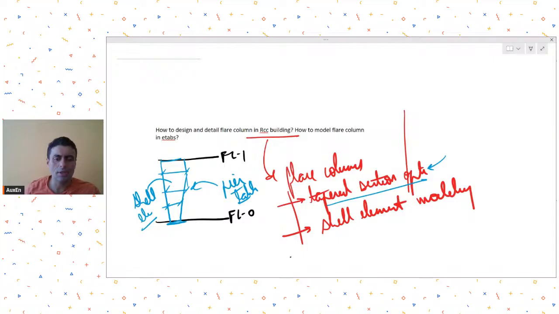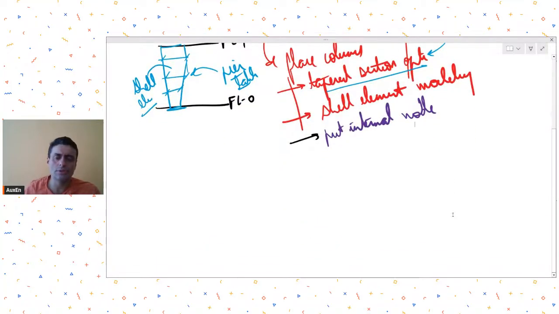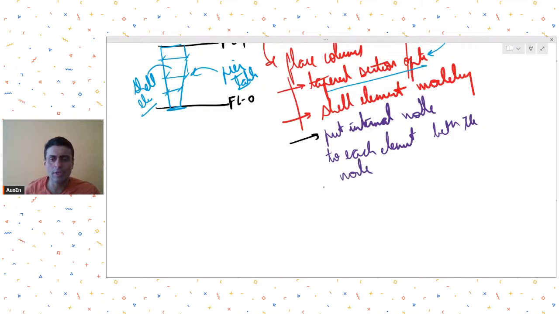The third option can be that you put internal nodes, and then to each element between those nodes, you assign a frame section property.